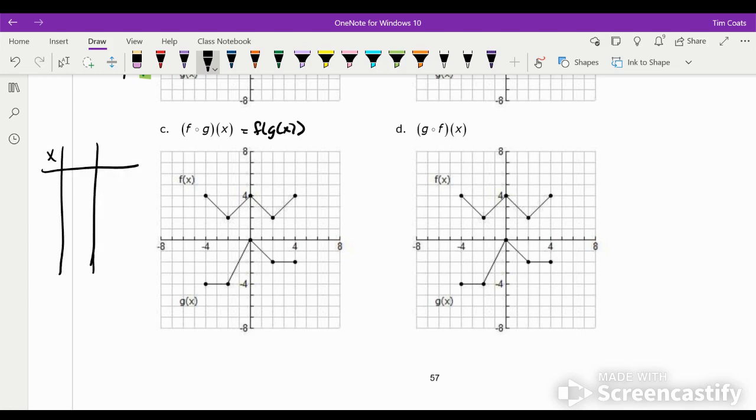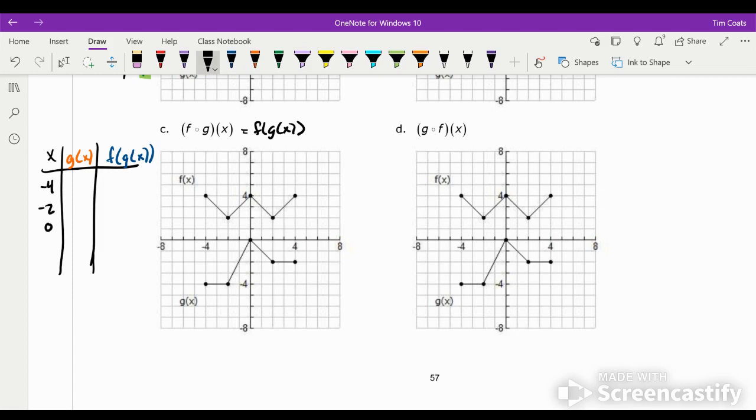But this time what we put in the chart is a little bit different, because we're only ever going to evaluate a g of x function first. F of x is never a thing in this. It's f of g of x. So we will evaluate g first, and then we'll put the answer to that into f.